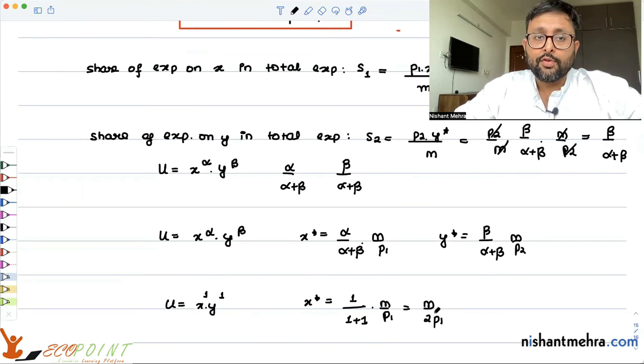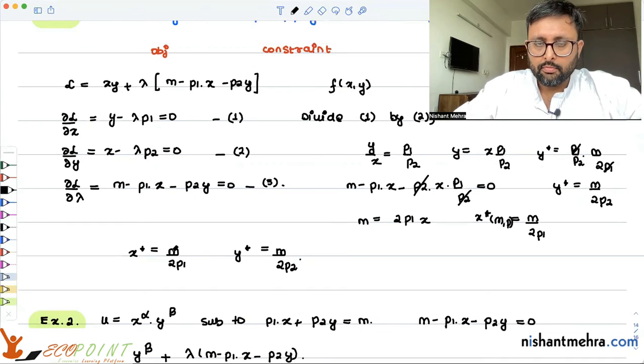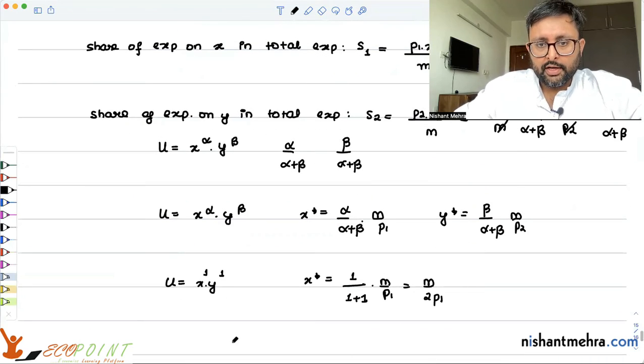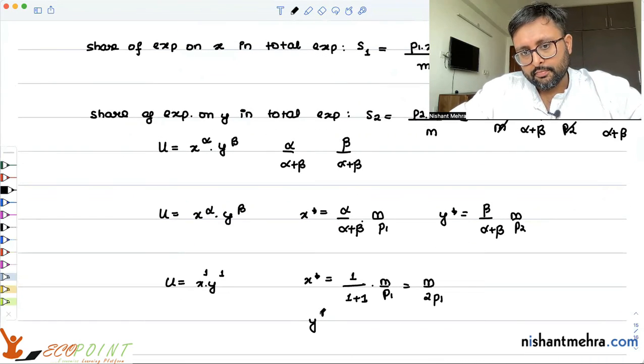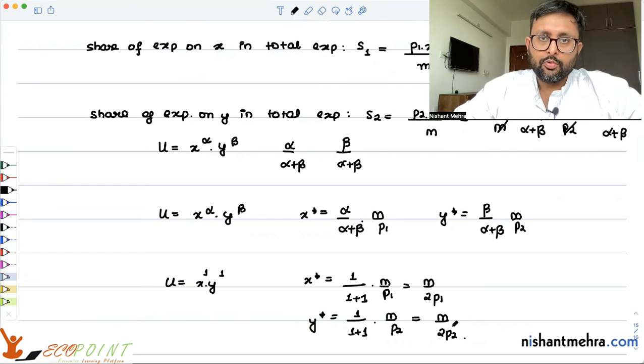This is what you have also found out here, m by 2 p1. Similarly, y star is beta upon alpha plus beta, that is 1 upon 1 plus 1 m by p2, m by 2 p2. You with me?